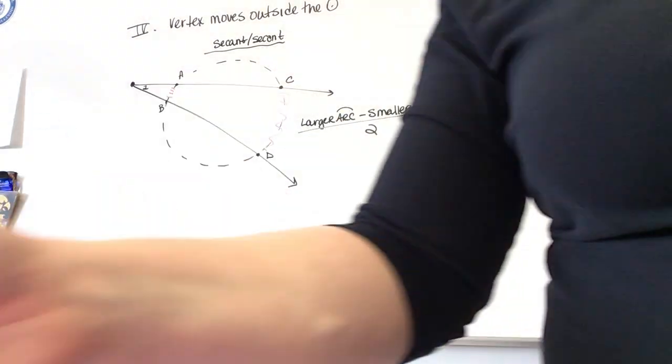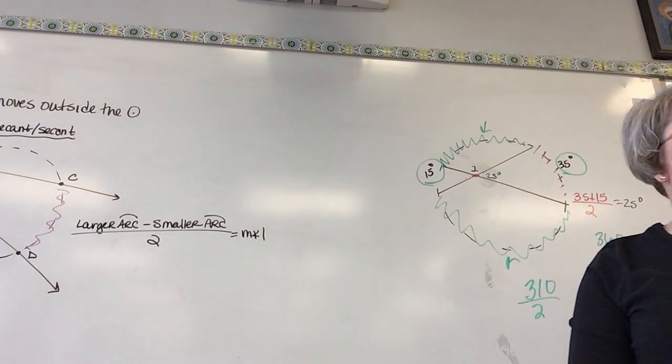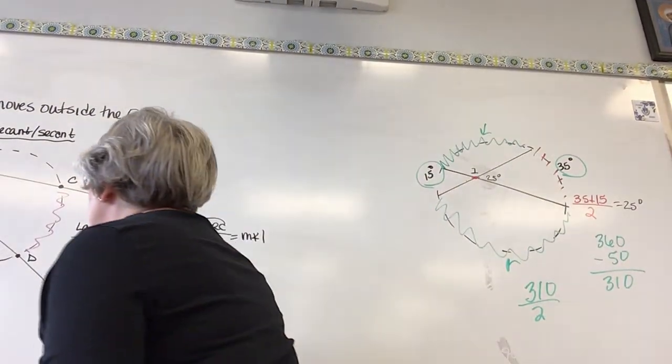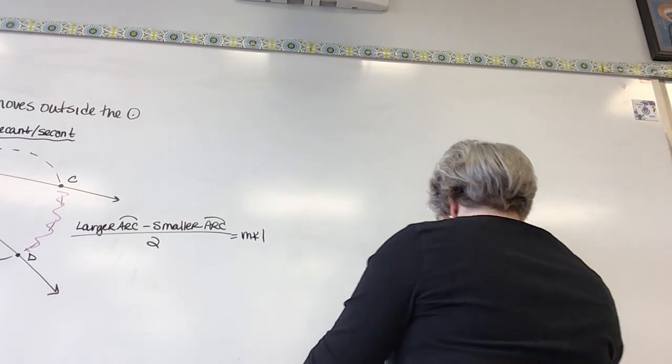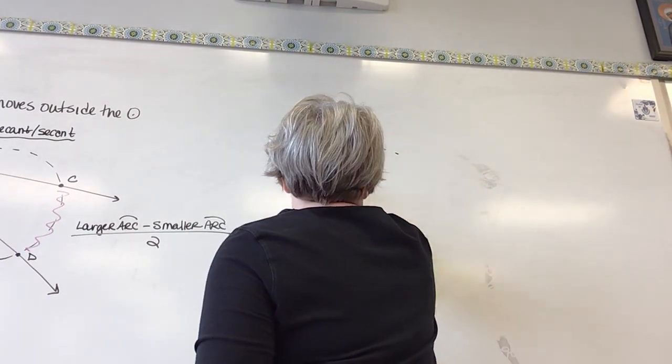Big arc minus small arc divided by 2. Let's do it again. Let's change the way it looks and show you the formula stays the same.